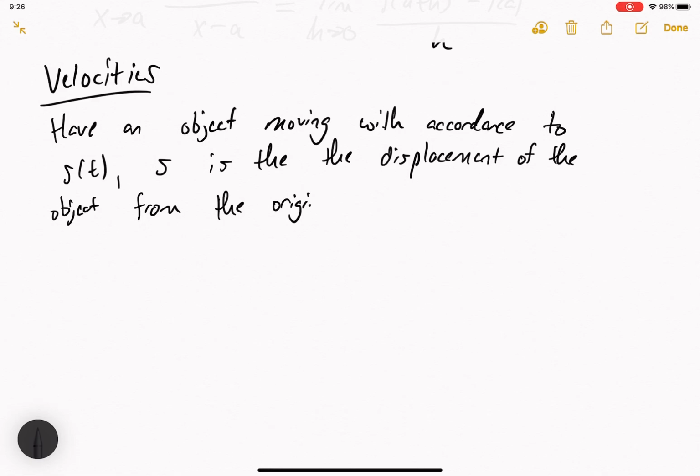I should clarify that s is the displacement of the object from the origin at time t.